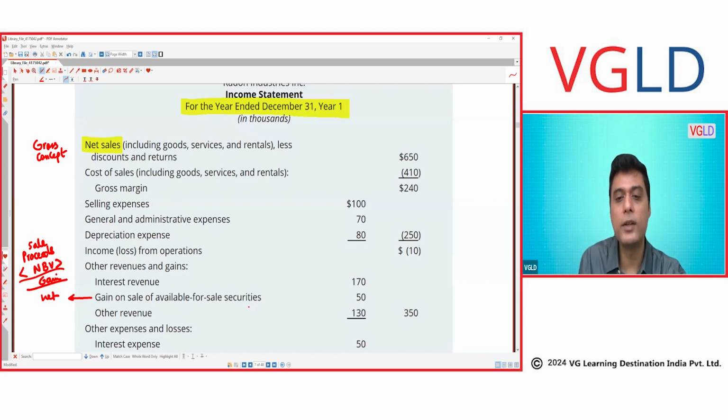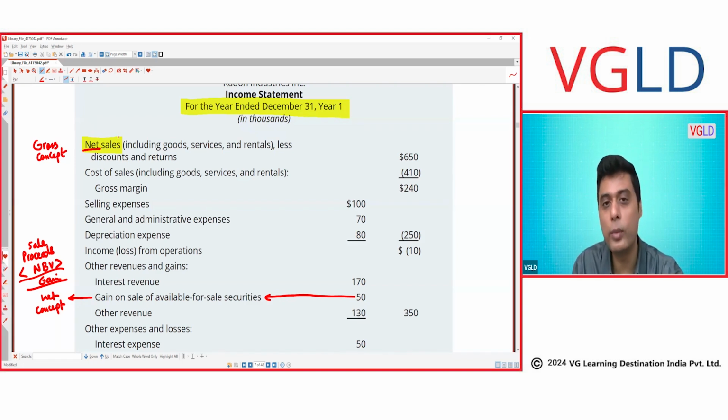We are showing straight away the gain, $50. So this is the net concept. Although we are using the word net sales over here, actually it is a gross concept. So don't go by the wording.